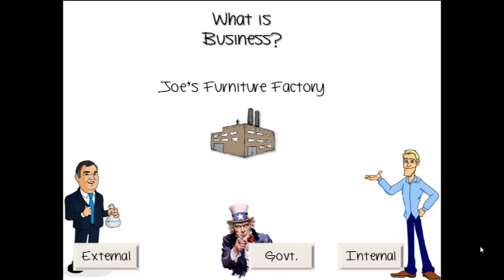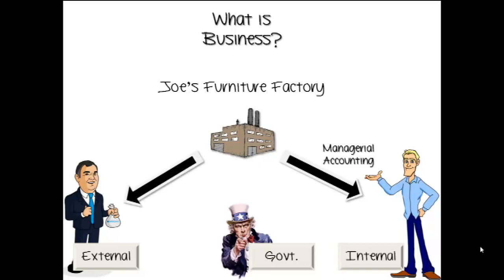Thus, the government is the third stakeholder in any business. The internal stakeholders are provided information about the business in a language called managerial accounting. The external stakeholders are provided information in a language called financial accounting. Uncle Sam, the government, is provided information in a language called tax accounting.